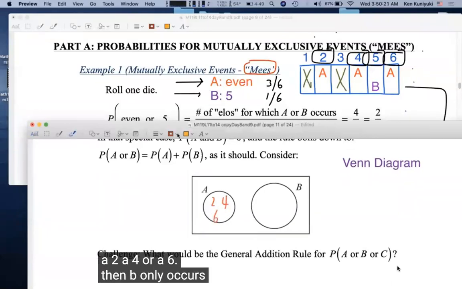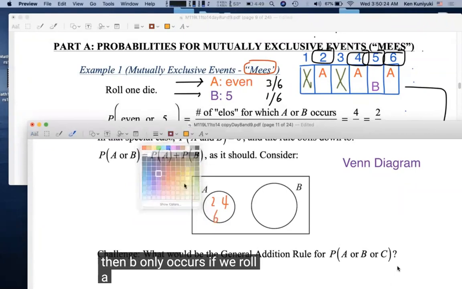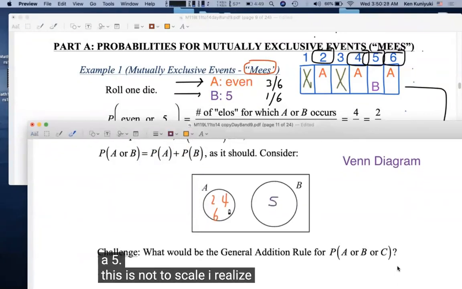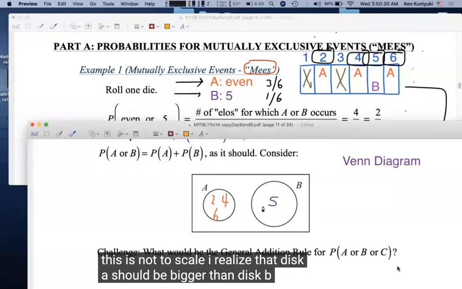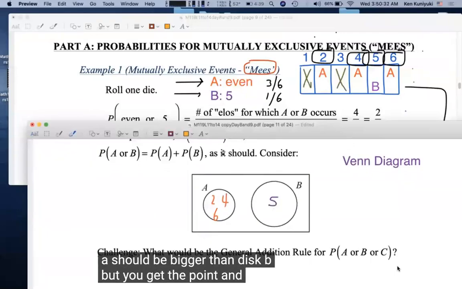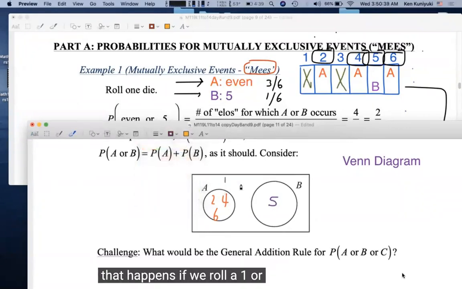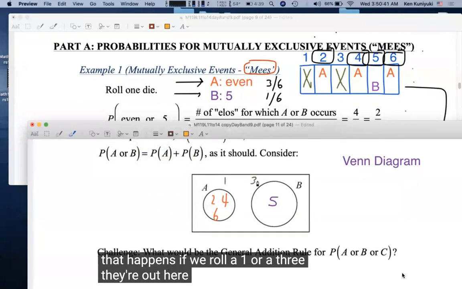Event B only occurs if we roll a 5. This is not to scale. I realize that disk A should be bigger than disk B, but you get the point. And if neither A nor B occurs, that happens if we roll a 1 or a 3. They're out here in this space, outside the disks.